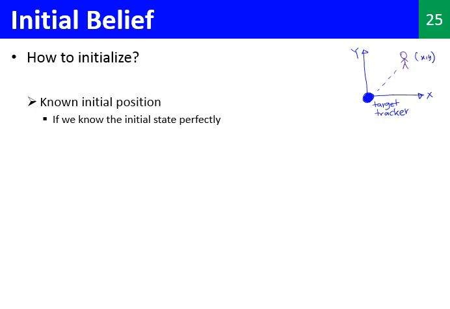Then we can have sigma naught equals the zero matrix. So the individual variances along the diagonal are 0, as we are certain about the initial position, and the correlation between state variables is also 0.